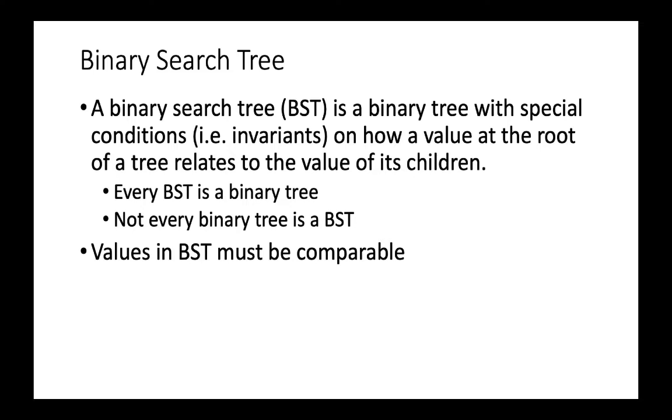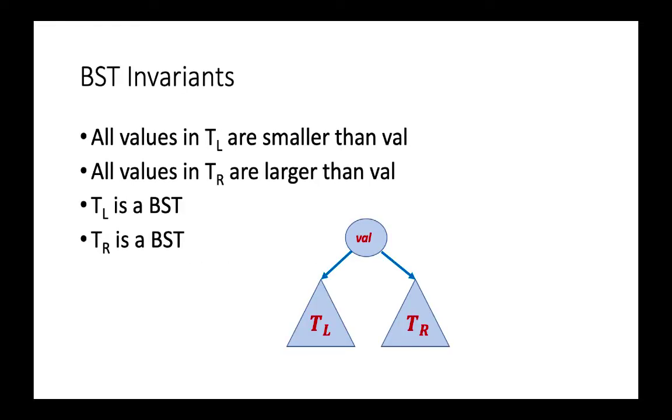Now, by definition, every binary search tree is a binary tree, but the reverse isn't true. The reverse is only true if you are abiding by the binary search tree invariance. And so here's this word invariance again. It's what is always true, either at a step in the algorithm or for the state of a data structure, right? For a binary search tree, these things are always true. All the values in the child to my left are smaller or equal to the value that is stored at my root.